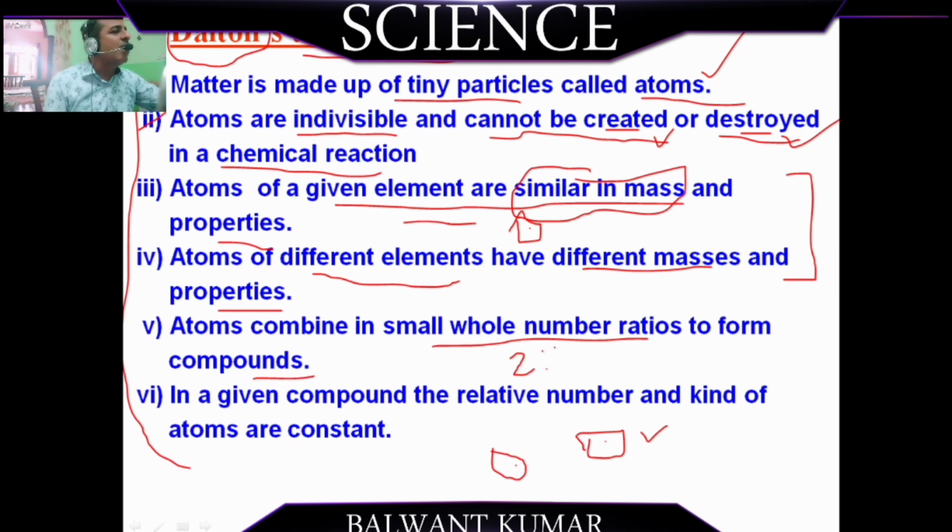Two hydrogen atoms always combine with one atom of oxygen to make one H2O molecule. To make one ammonia molecule, one atom of nitrogen combines with three hydrogen atoms.